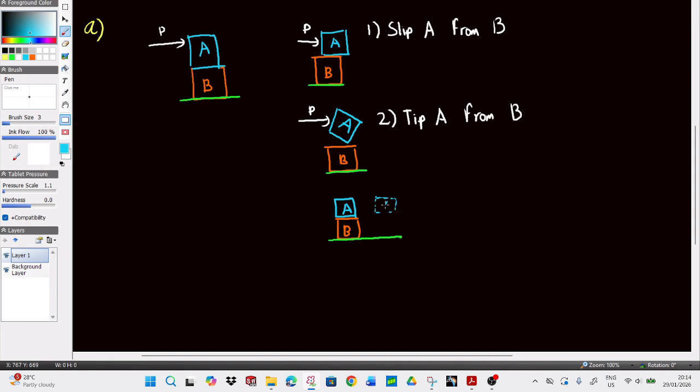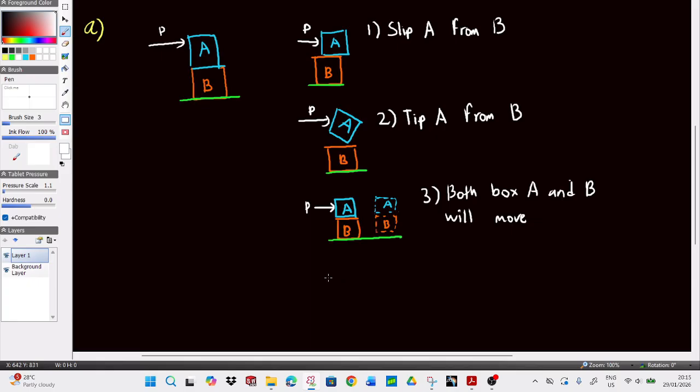So basically you can push both box A and box B, so box A and B would slip off from the surface. This is box A and box B. You apply a force P, so both box A and B will move.